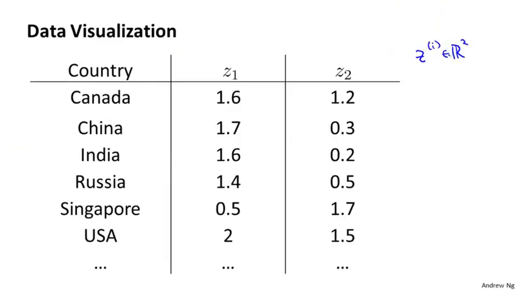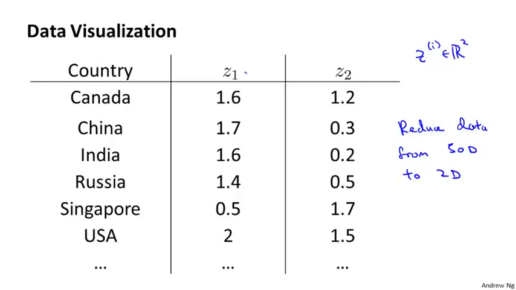If we can have just a pair of numbers, z1 and z2, that somehow summarizes my 50 numbers, maybe what we can do is then plot these countries in R2 and use that to try to understand the space and these sorts of features of different countries a little bit better. And so here, what you can do is reduce the data from 50 dimensions to 2D, so we can plot this as a two-dimensional plot.